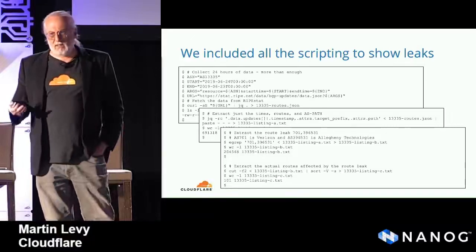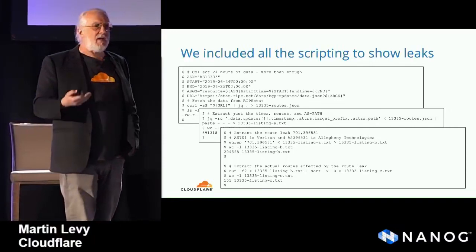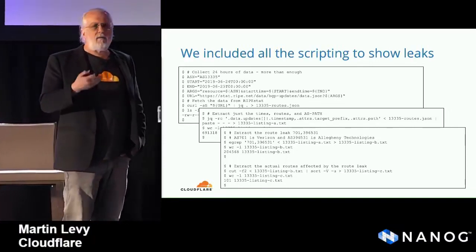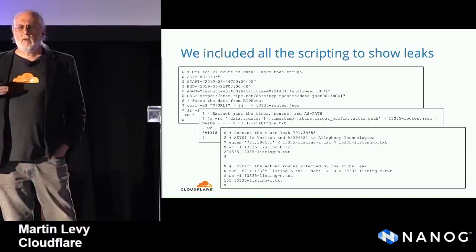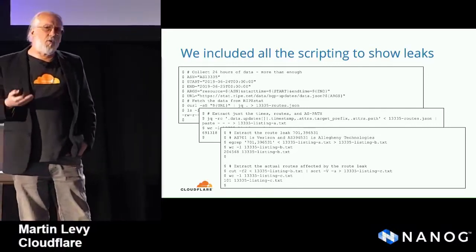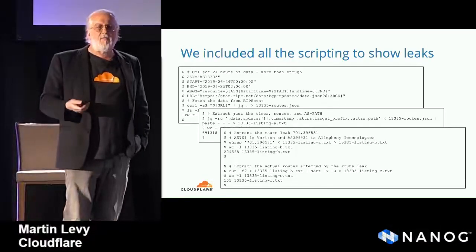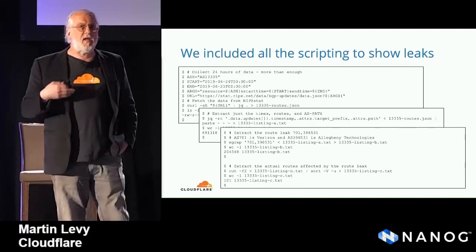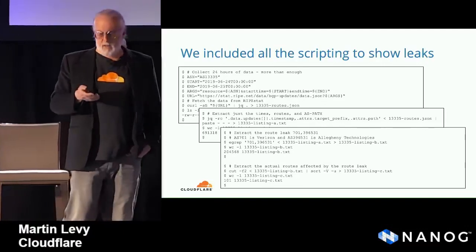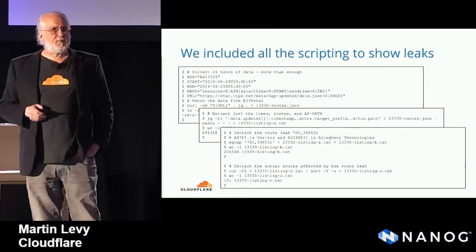In this case, these scripts use the RIPEstat capability, use their API, generate the correct API call, grab the JSON data, process it, do a whole set of whois's if you need to, and then find out what happens. And in the blog, it will give you the times down to a second or whatever of when routes showed up and when they didn't.